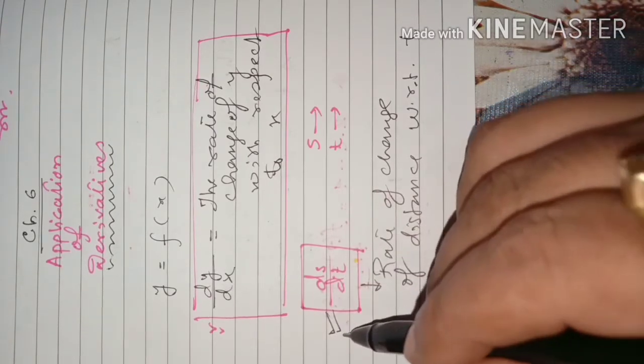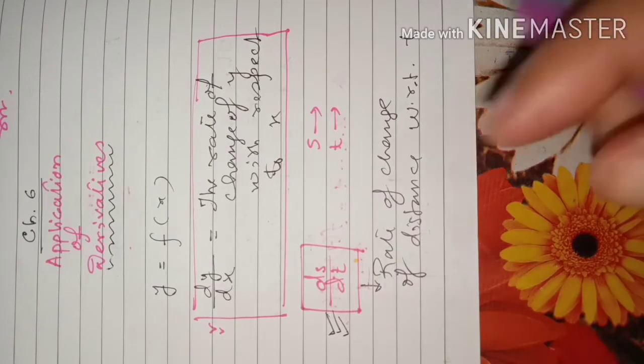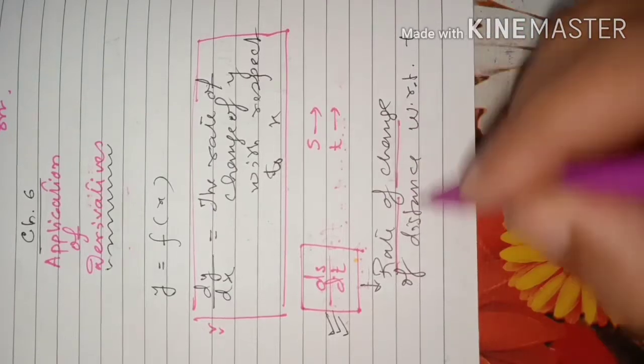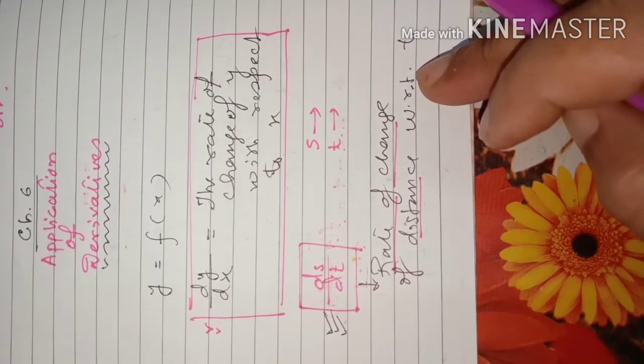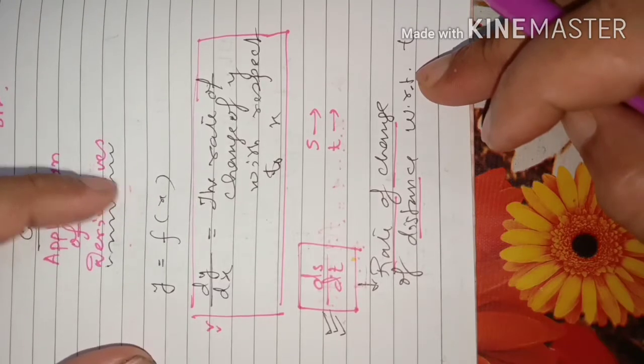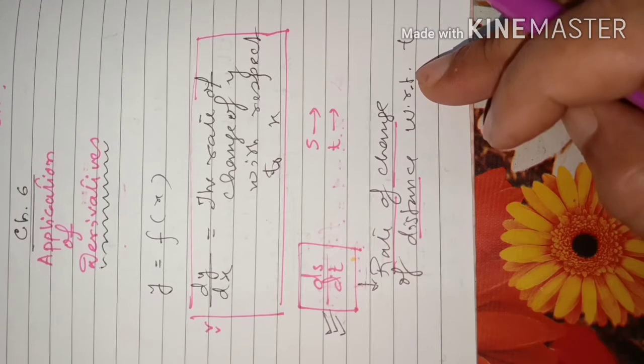So by using the first order derivative, we can find the rate of change of distance. So dear students, its application is very wide. Derivatives can be used in many fields.